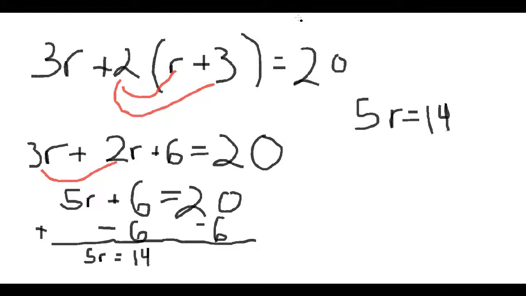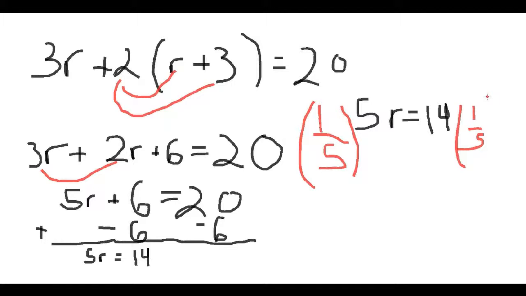What we do is we need to get rid of that 5. So let's multiply by the reciprocal, 1 over 5, on both sides. This cross cancels. We're left with r equals 14 over 5.